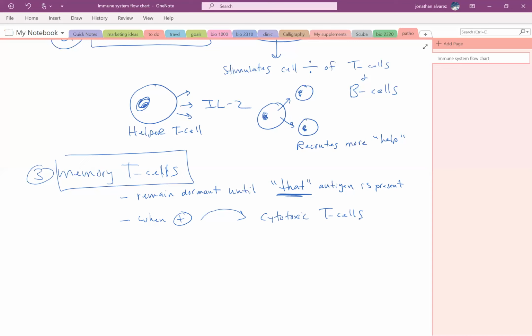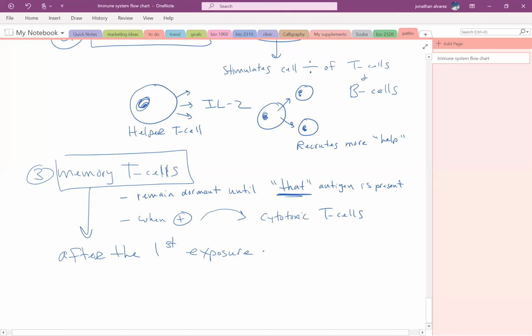Okay, now this one develops after the first exposure, meaning the first exposure of the antigen. All right. So, this is a fun analogy here, so just kind of roll with it.